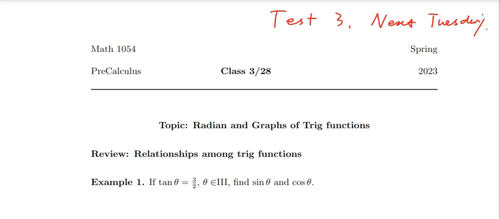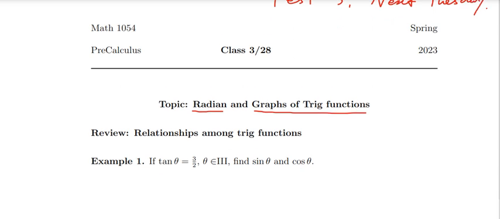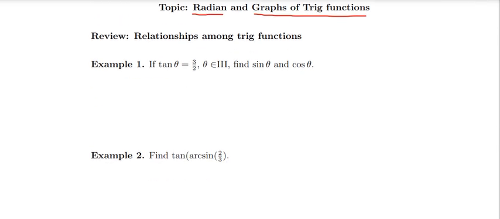Okay, so the topic for today is radian and degree and graph. We are talking about radian, degree, and graph of trigonometry functions. Last class we discussed the relationship among those trigonometry functions. We have sine, cosine, tangent, cotangent, secant, cosecant.